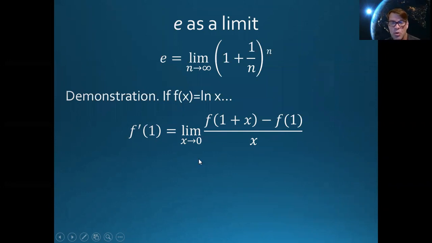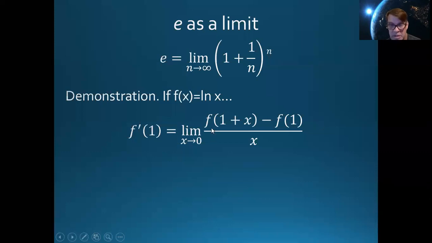If we're doing it at 1, then it's f of 1 plus x minus f of 1 all over x. The x's are kind of confusing here, but this is basically what it means to find the derivative at 1.